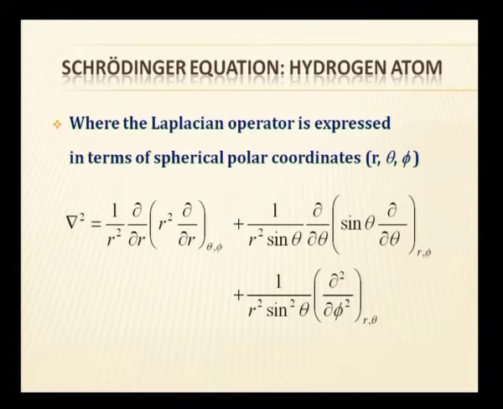If you do that, the Laplacian operator can be written in terms of r, theta, phi. That will be equal to 1 by r square dou by dou r of r square dou by dou r plus 1 by r square sin theta dou by dou theta of sin theta dou by dou theta plus 1 by r square sin square theta multiplied by dou square by dou phi square.